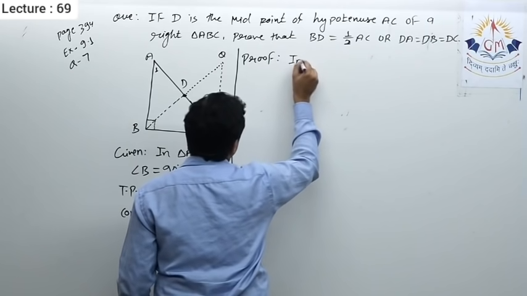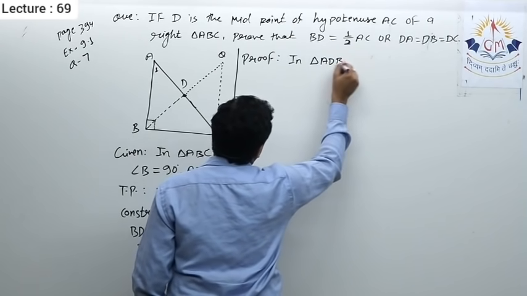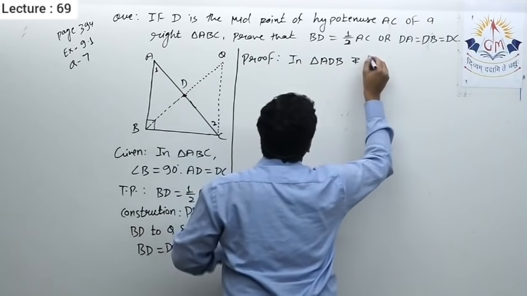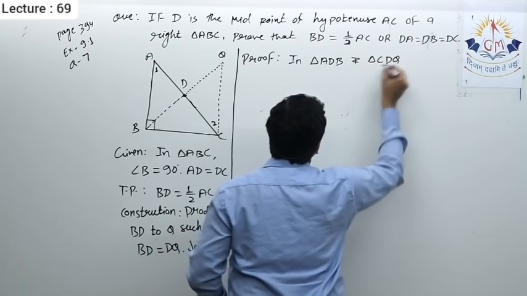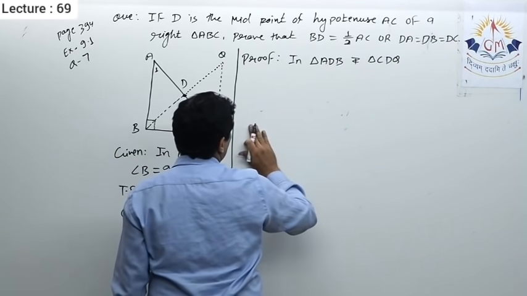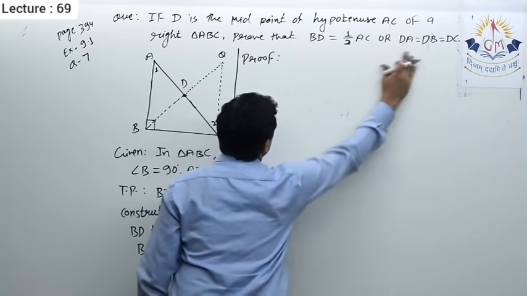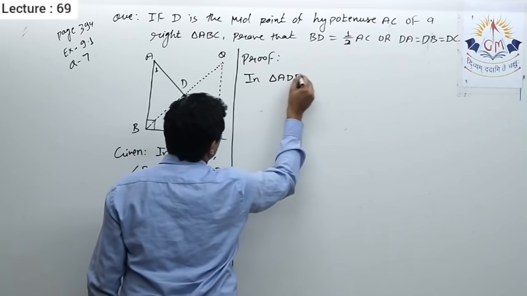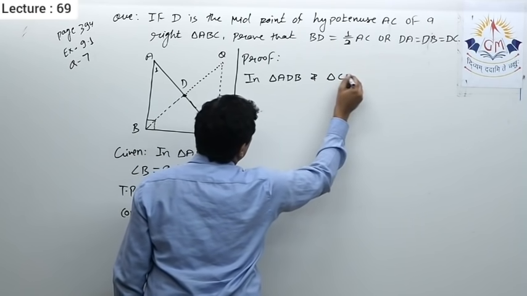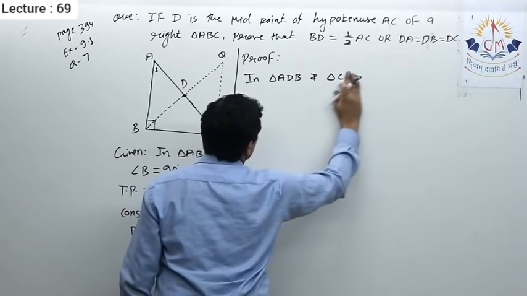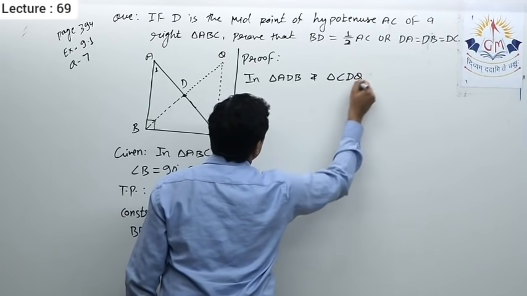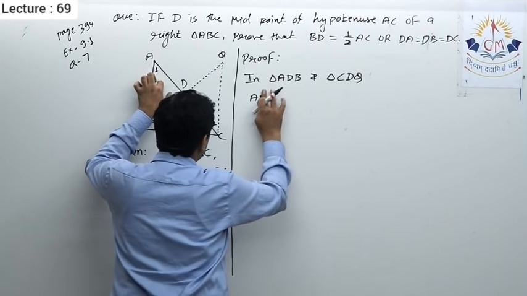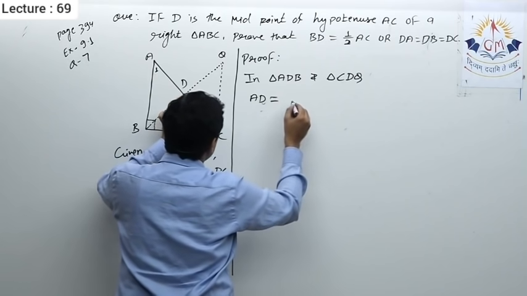Proof: in triangle ADB and triangle CDQ, AD is equal to DC.